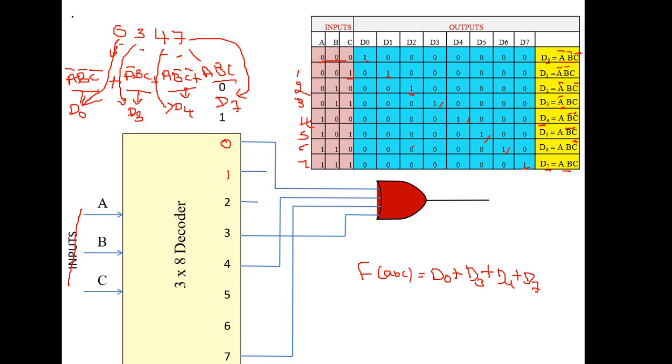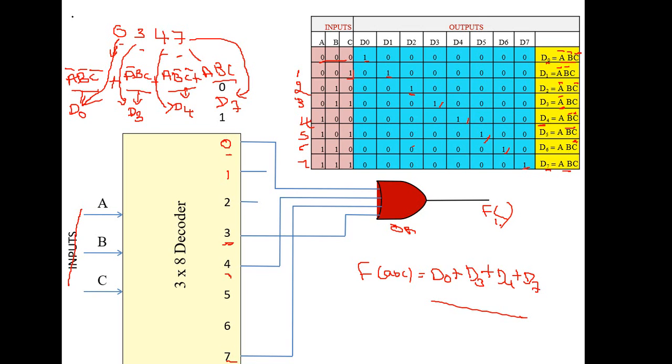So you take the D0 portion, the first one, second one D3, then D4 and D7. Take all these, and for addition you have to use an OR gate. So I used an OR gate and I get this function, our F1 function.